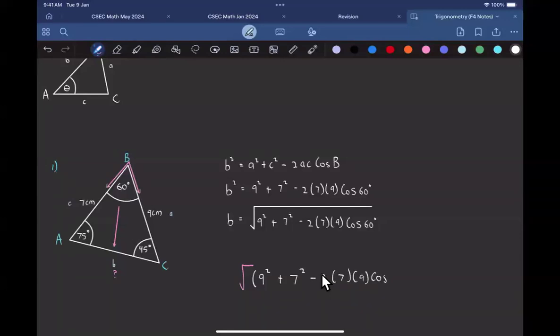Then you're going to put cos 60 degrees, and close off the brackets. Then you can press equal. See, that helps with most numbers in brackets.